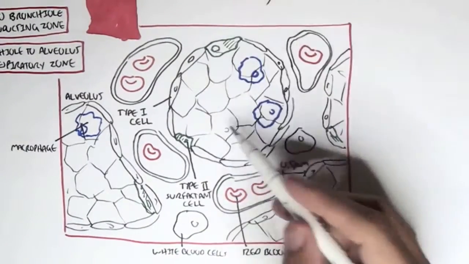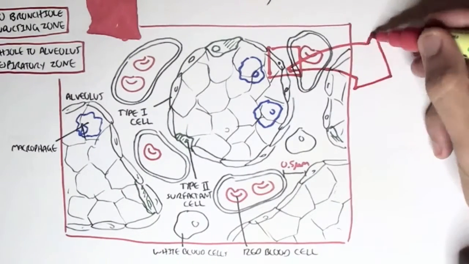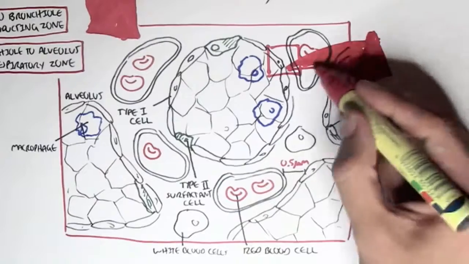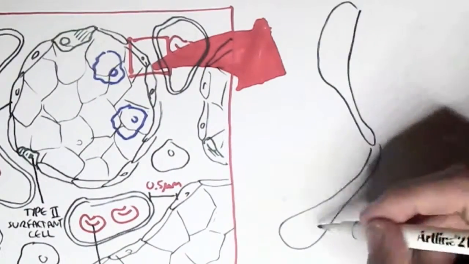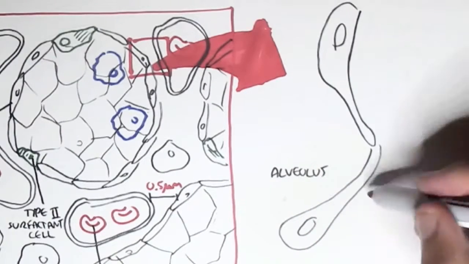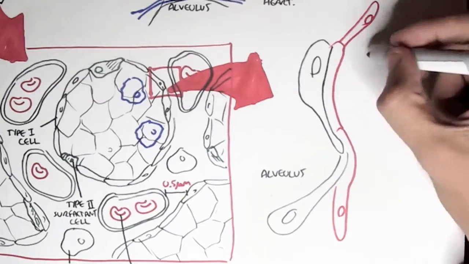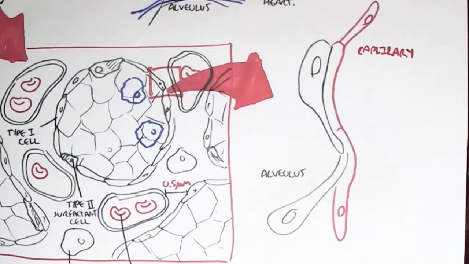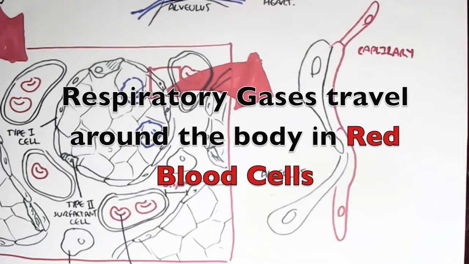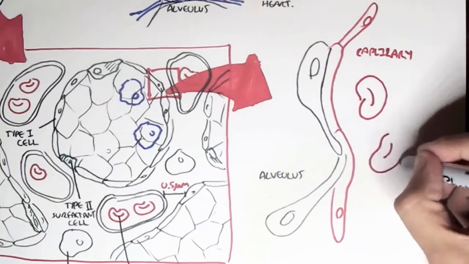Now let's look at the interaction between an alveolus and a blood vessel, or the capillary. Let's zoom into this section here and see how gas exchange occurs, an overall picture. So here we have the type 1 alveolar cell of the alveolus, and then here we have the epithelial cell of the capillary. Now this is where red blood cells play a critical role, because respiratory gases such as oxygen travel throughout the body by binding onto hemoglobin within a red blood cell.